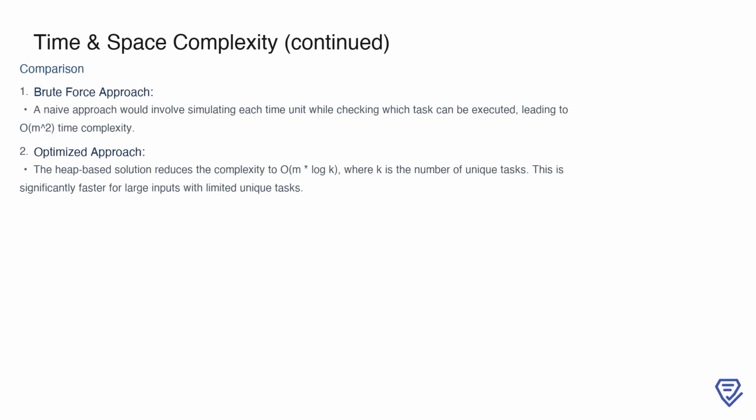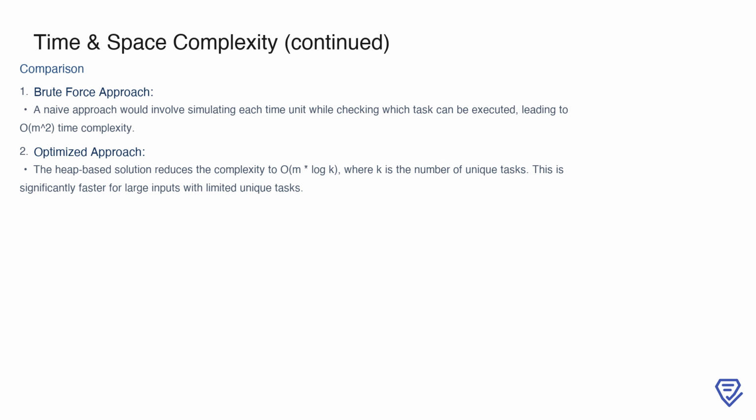When comparing this optimized heap-based approach to a brute force method, the differences in efficiency become clear. A naive approach would involve simulating each time unit and checking which tasks can be executed. This requires iterating through all tasks repeatedly, leading to a time complexity of O(M squared), which becomes prohibitively slow for large inputs.